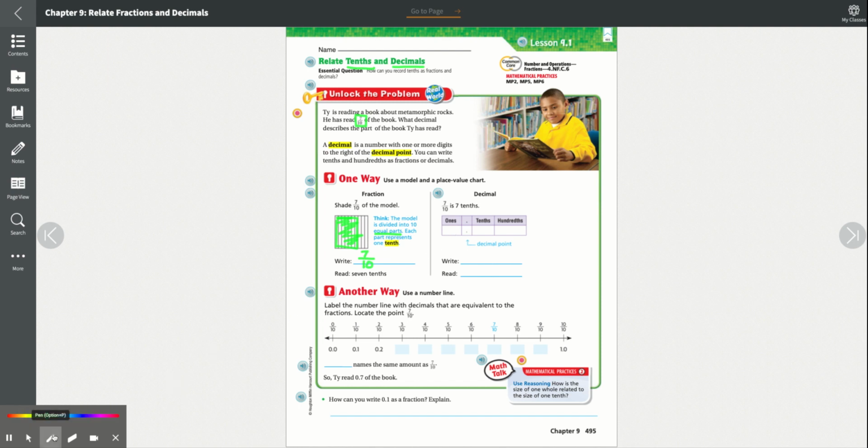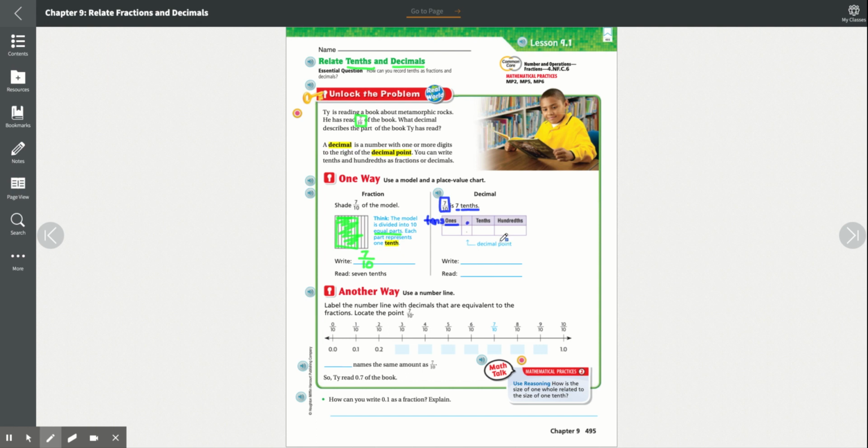So now we're going to tell the same thing as a decimal. 7/10 is written as 0.7. Now consider place value when you hear the word tenths. We know the ones place over here, to the left is the tens place, right? As you're familiar with. But this time we're going to go smaller than the ones place.